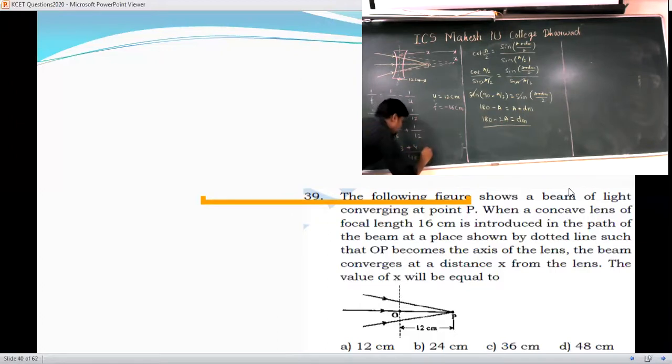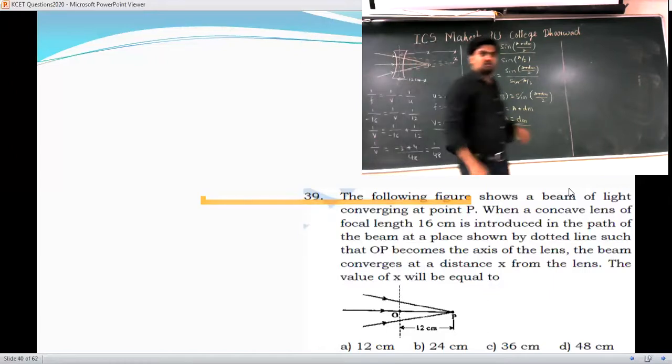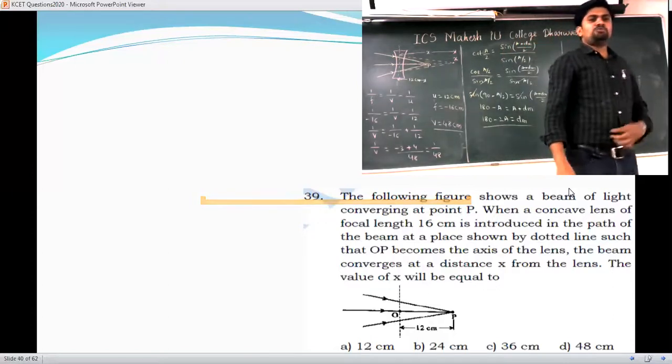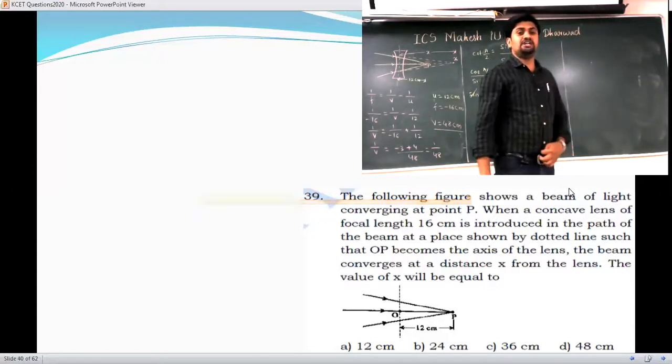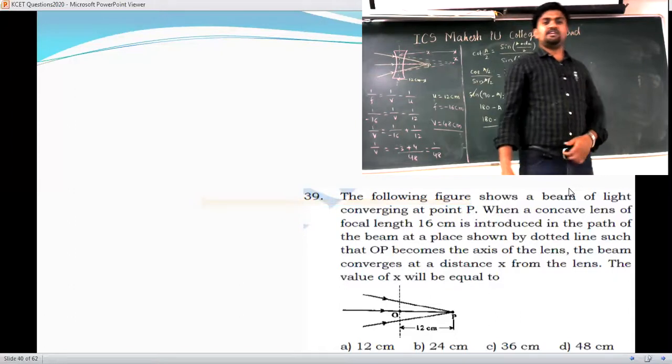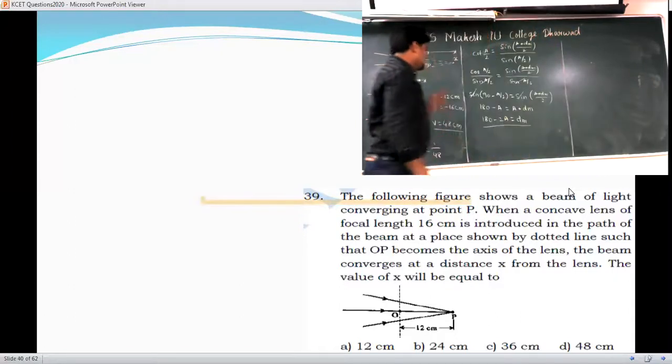So what you are getting here is 1 by 48. So 1 by v is equal to 1 by 48. Then the image distance v is equal to 48 centimeter. That's it, this is your answer. Option D is the answer, 48 centimeter. Okay, let's go to the next one.